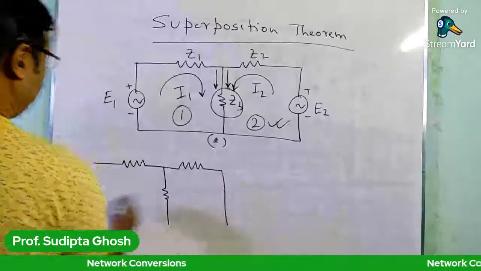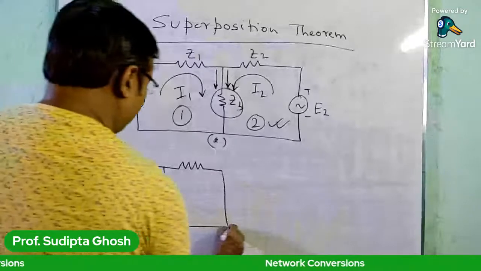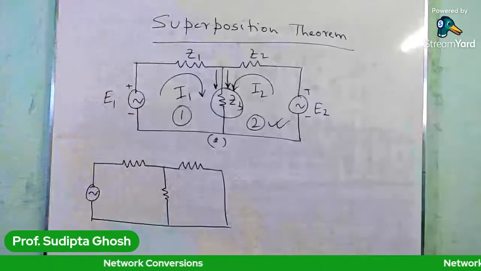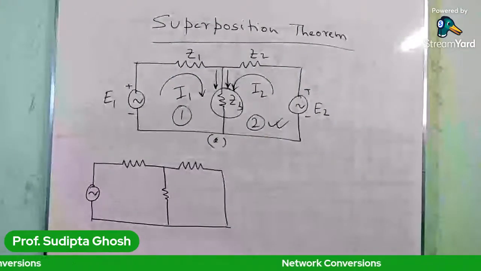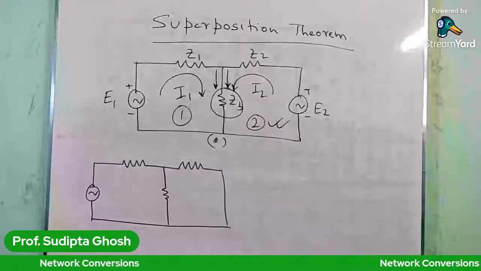Now in figure B, at first I have replaced the energy source E2. Remember that whenever a voltage source is replaced, you have to short circuit it.